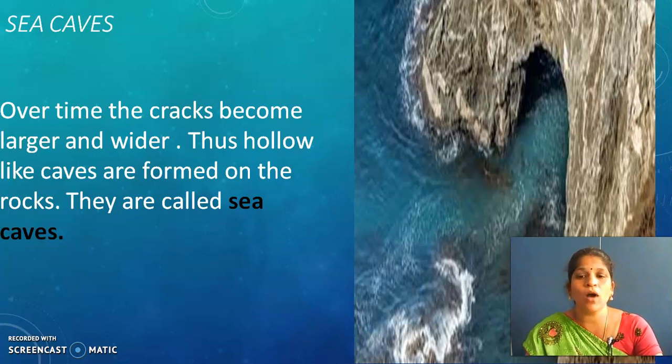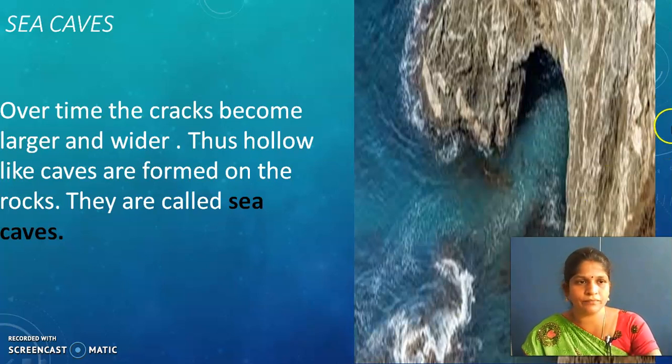So what is shown in that place? A hollow. Over time the cracks become larger and wider. Thus, hollow-like caves are formed on the rocks. They are called sea caves.